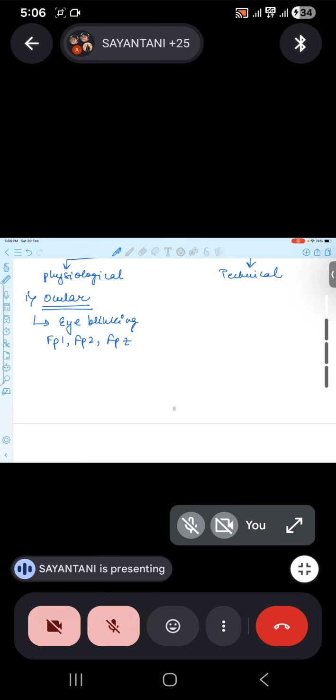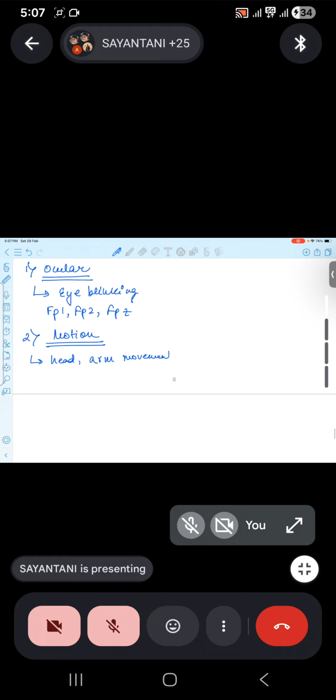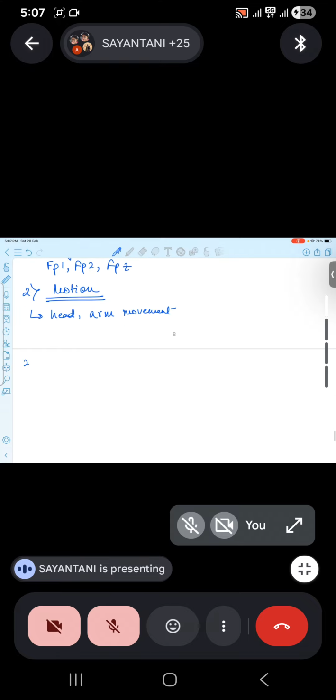The second category of physiological artifacts is your motion artifacts. Any kind of muscular movement, slight head movement, arm movement, all these movements are going to introduce some amount of noise. And the third category of artifacts is referred to as systemic artifact.